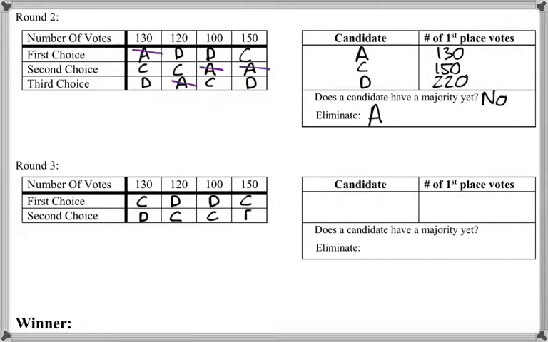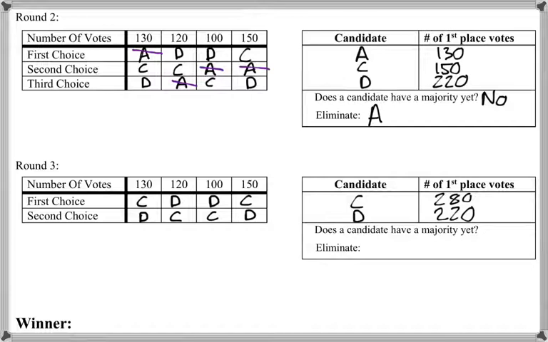My two candidates left are C and D, and C gets 130 plus 150, which is 280. D gets 120 plus 100, which is 220.